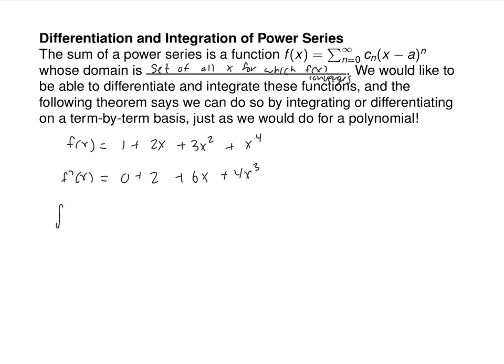You also know that the antiderivative of f of x is x plus 2x squared over 2 plus 3x cubed over 3 plus x to the 5th over 5 plus some constant c. The point being, you can integrate each term individually, and that is how you integrate polynomials. Turns out you can do that for infinite series as well.